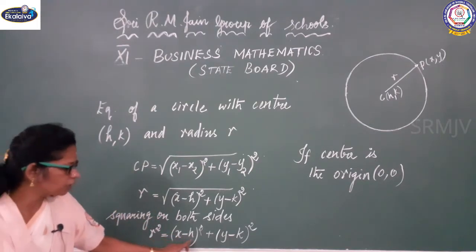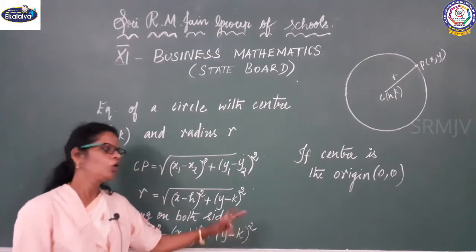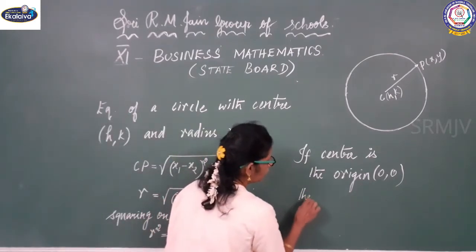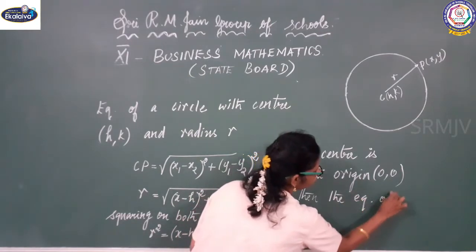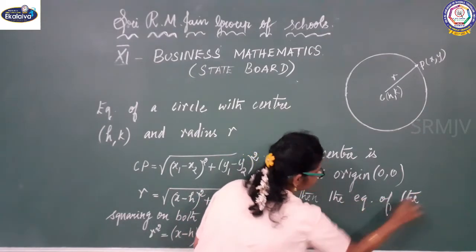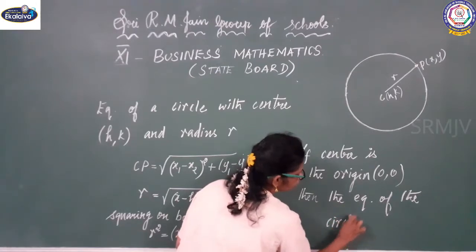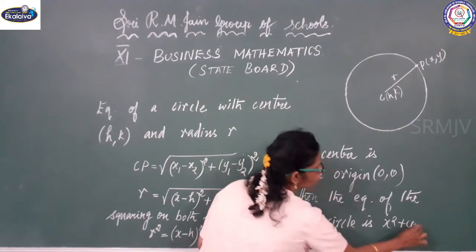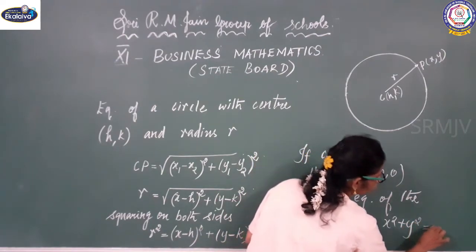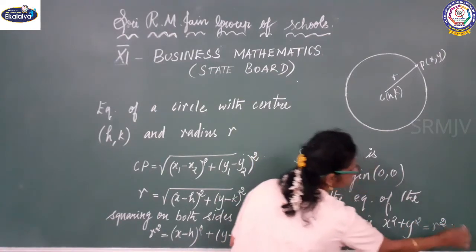Simply you have to replace h and k with 0. You will arrive at the result. Then the equation of the circle is x square plus y square equals r square.